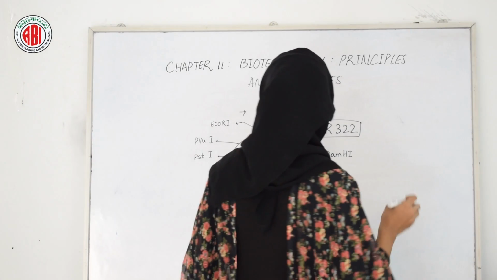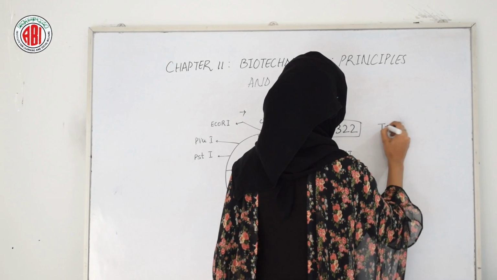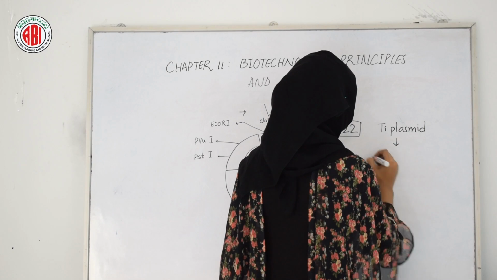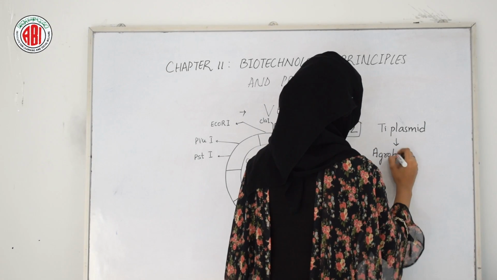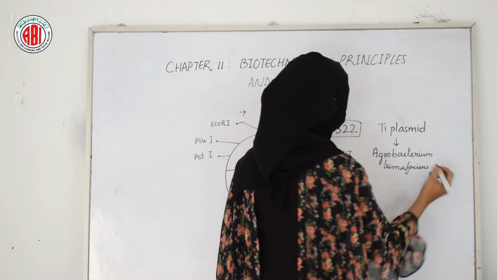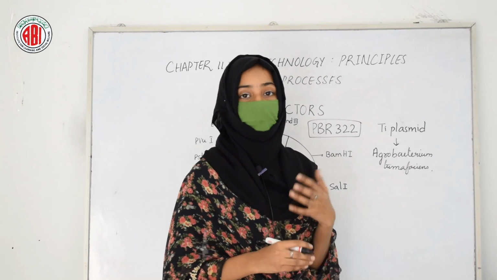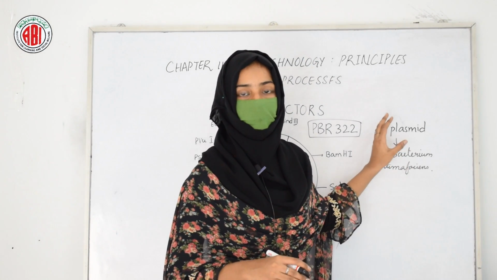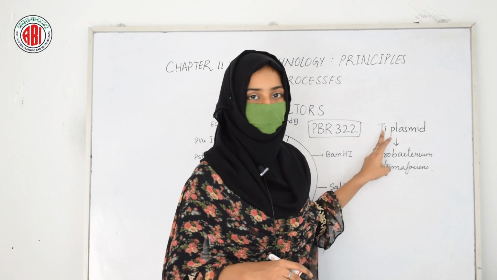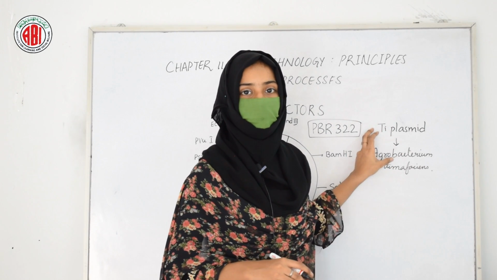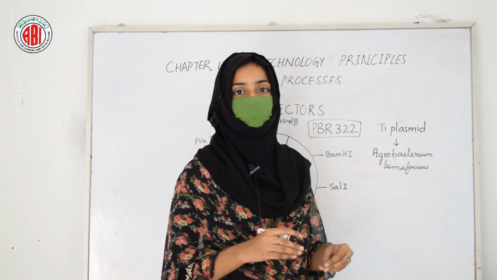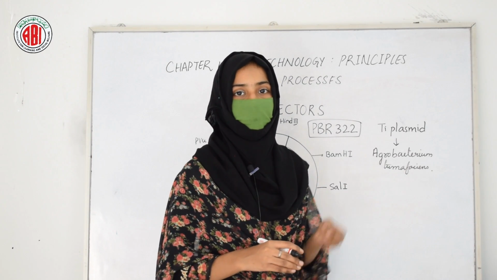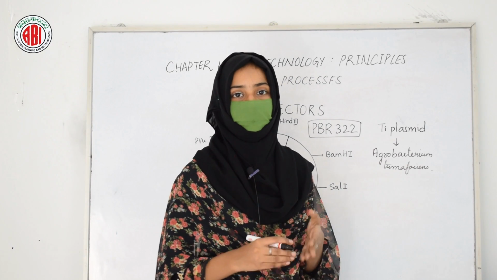And one more vector is present, which is an important one, that is the Ti plasmid. This plasmid is isolated from Agrobacterium tumefaciens, and this is a plasmid that induces cell division. If we introduce a desired gene in this plasmid, then when this plasmid makes the gene enter the transformant or the host cell, it stimulates cell division.